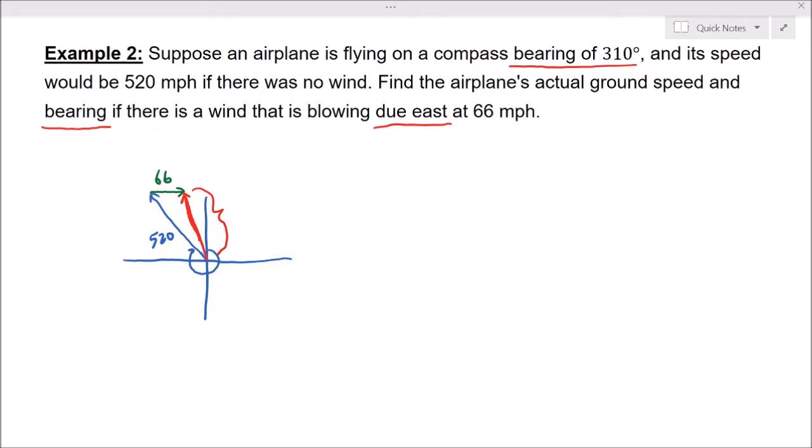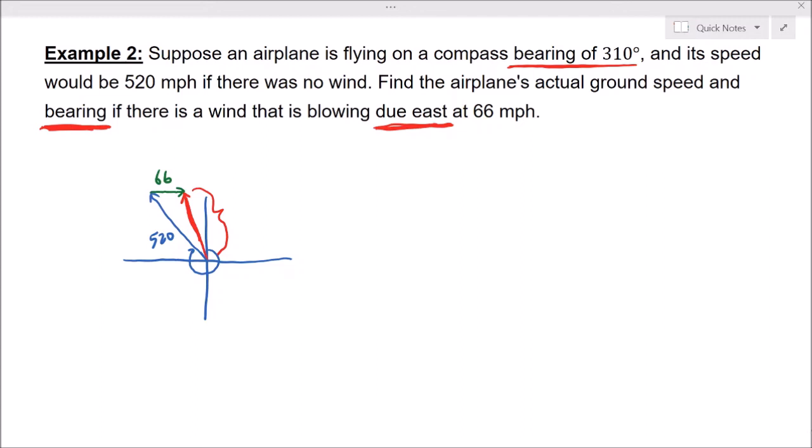You want to be working with our normal math direction angles, right? So what's going on is we need to take the vectors in terms of bearings, the two that we're adding, convert them to normal direction angles, and then we can add them. And after we add them, then we need to convert the final product back to bearings. So this is going to be a lot of work. So let's take it step by step.